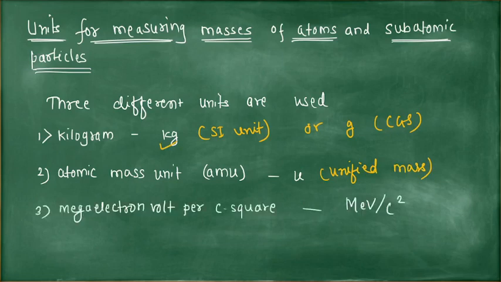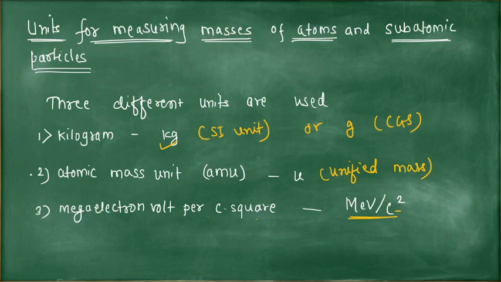And one more unit is mega electron volt per c square, written with the symbol MeV per c square. Electron volt is a unit of energy, mega electron volt is a unit of energy, and c is the velocity of light. So 3 units are used for measurement of masses of atoms and subatomic particles.